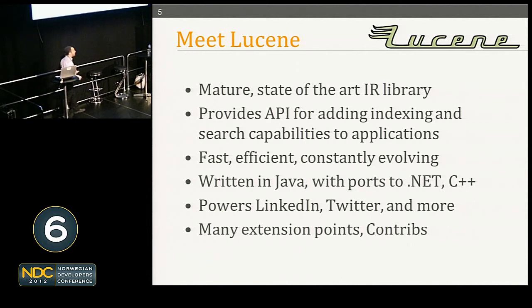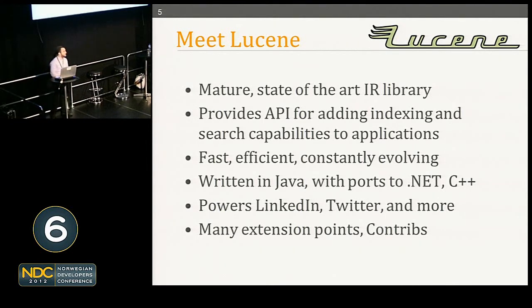It provides an API for both indexing and searching. It has a very large contributions folder, a package that adds a lot more functionality. As I mentioned, for example, the spatial model. It is very fast, it is very efficient, and it has a couple of ports. Today I'm going to demo the Lucene.NET version that you saw. Currently, Lucene is going to version 4.